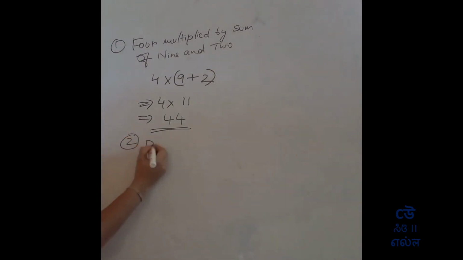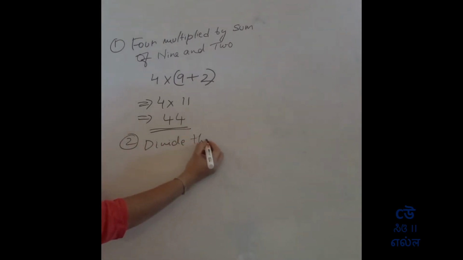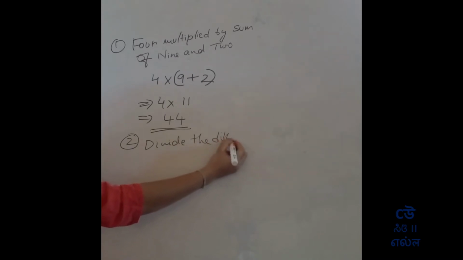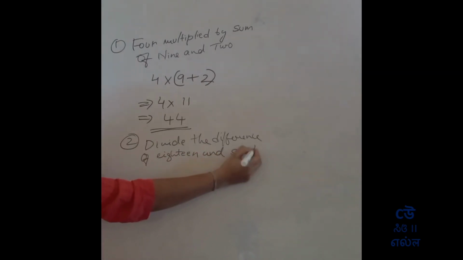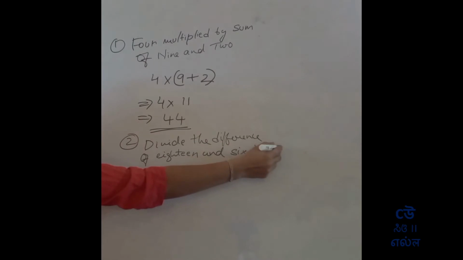Next, divide the difference of 18 and 6 by 4.